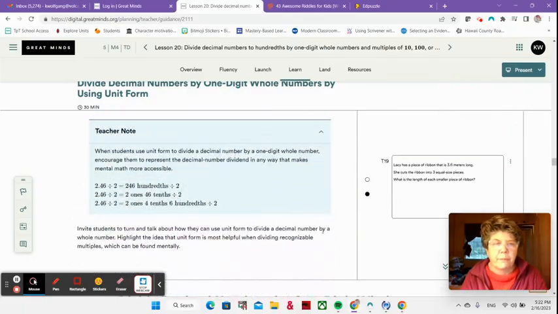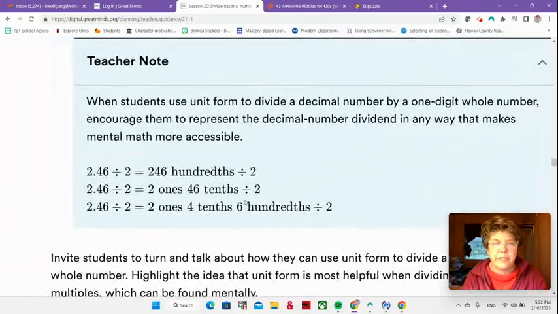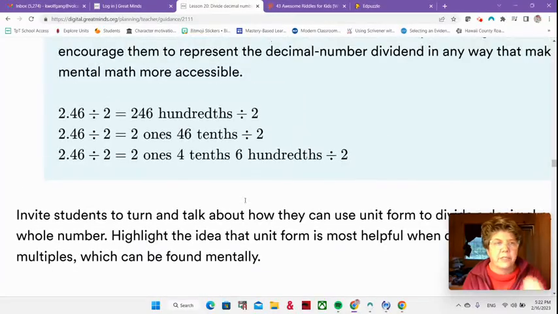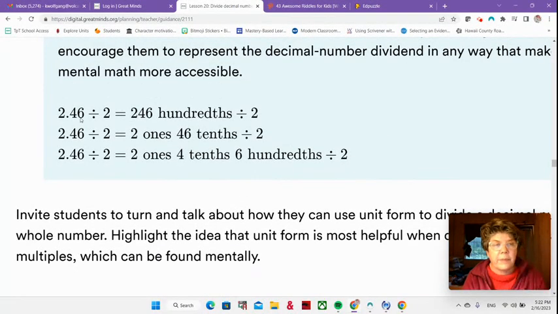thinking about unit form. Okay, unit form is a little bit challenging, right? And I understand that. But if we're thinking about 2 46 hundredths, okay, 2 46 hundredths is the same as 246 hundredths, right? Because we're going to name it by the last digit. Okay, 246 hundredths divided by 2.